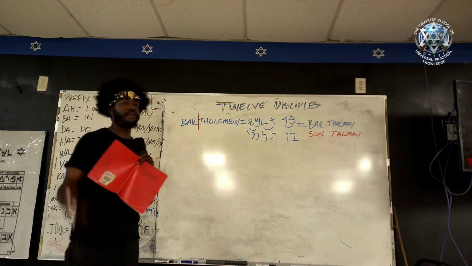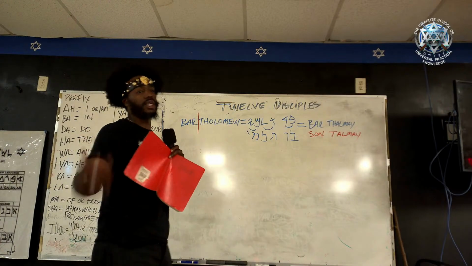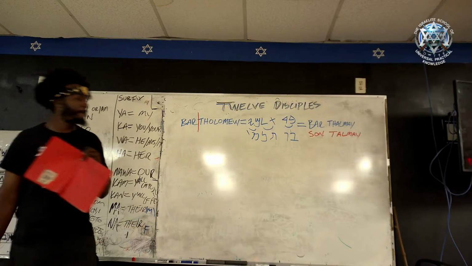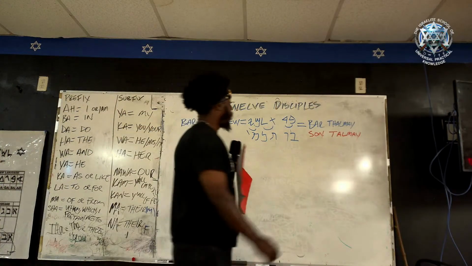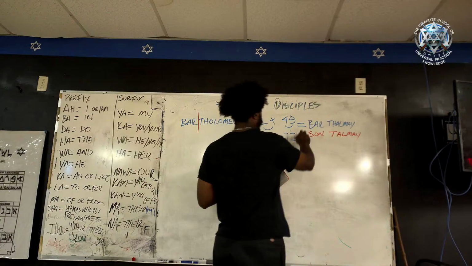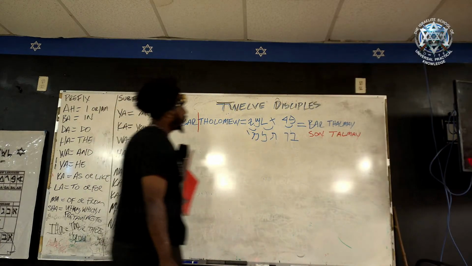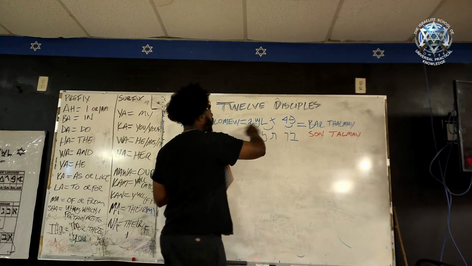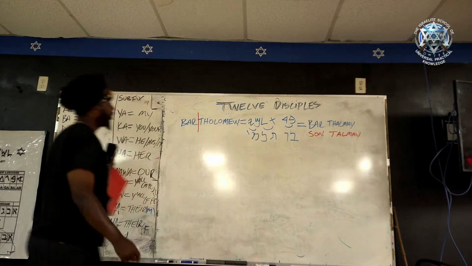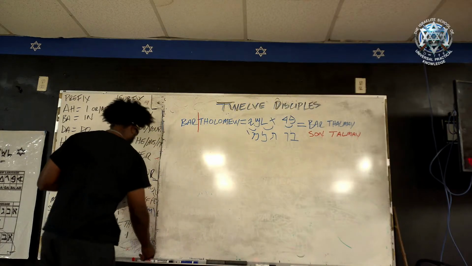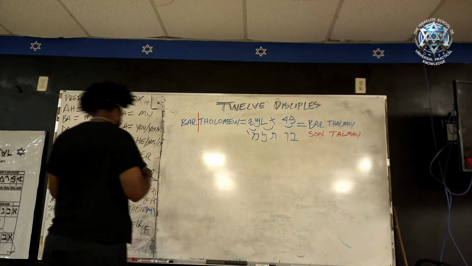Like, my firstborn son to be Bartazadot, right? Son of justice. Okay. So bar is another word for son. So it is Bartholomew, right? Okay, we're going to go on to the next one.